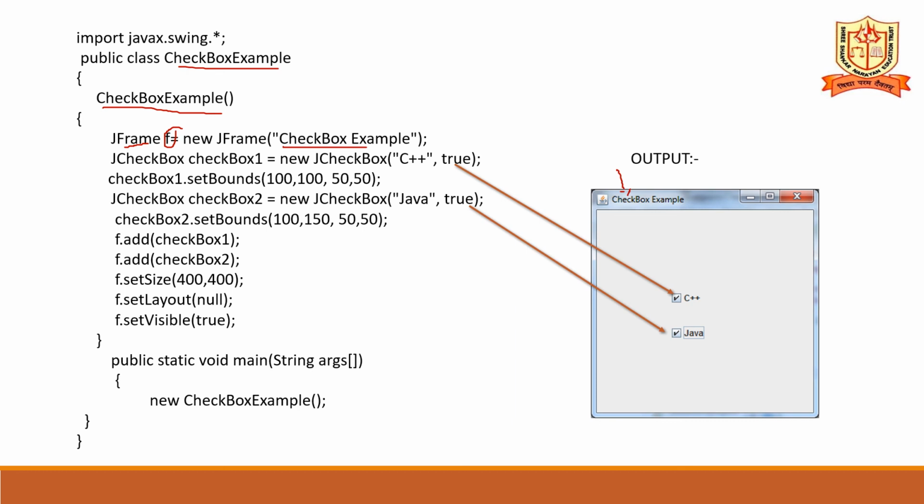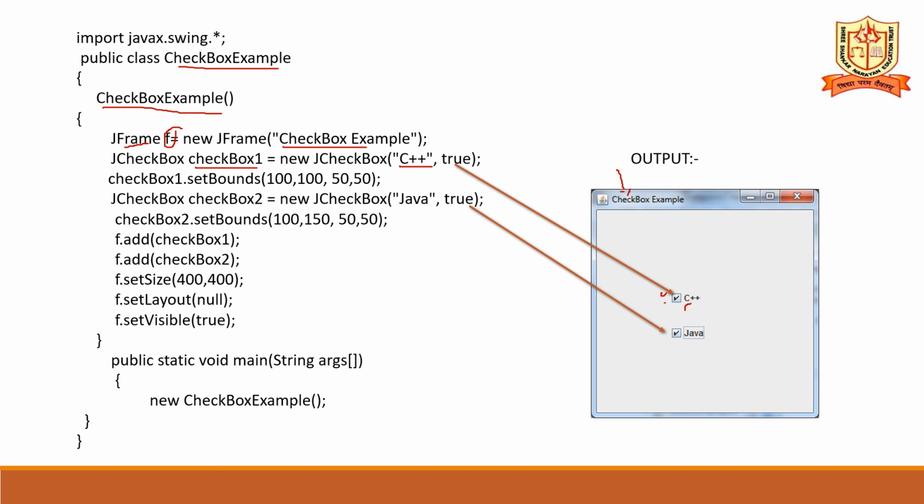And once you create the frame, you are supposed to add the checkboxes. So here we are creating checkbox1, new checkbox, and then what is the name of the checkbox? C++. Here it is written, and initially the condition is true. Here, if you make it true, initially the tick mark comes.